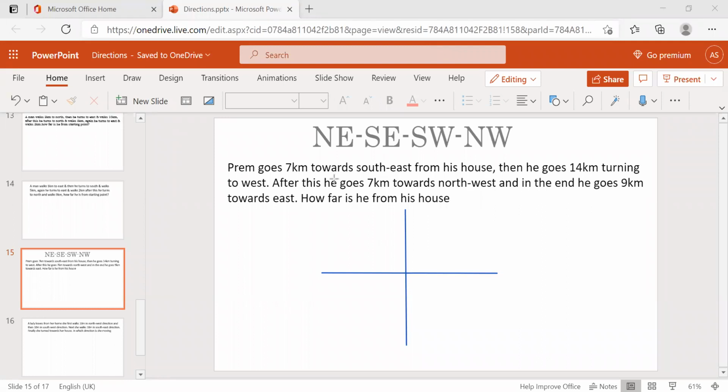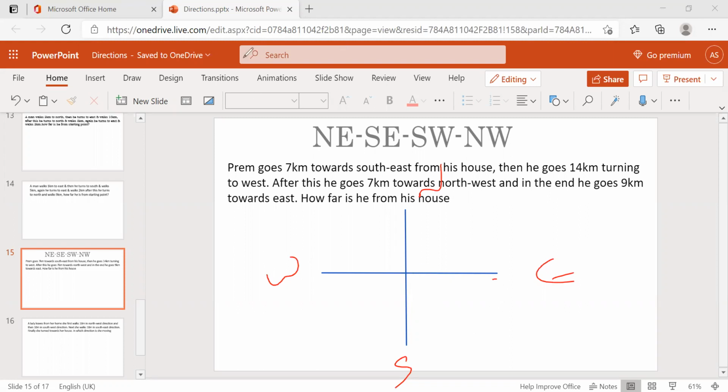Now, what they're saying in the question: first, Prem goes 7 kilometers towards southeast. This is north, this is east, south and west. Now he's going 7 kilometers towards southeast. Southeast means this one, right?